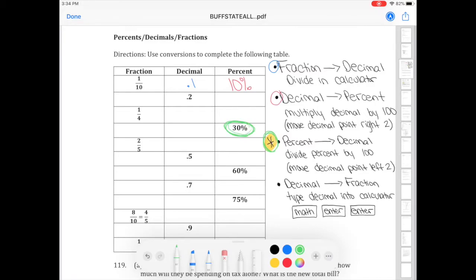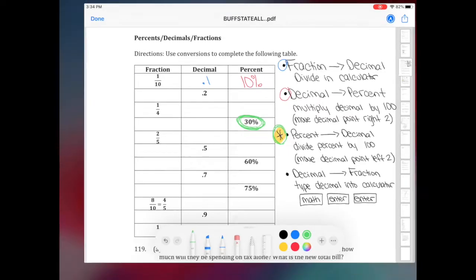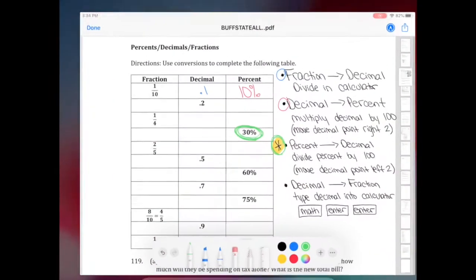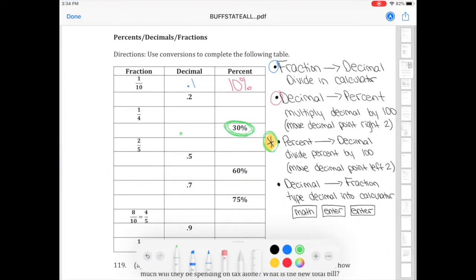So the green that I circled right here, 30%. If I want to convert that to a decimal, which I have to for this table, all you have to do is take 30 and divide it by 100, and it will get you 0.3. So I'm going to write 0.3 in the corresponding box.